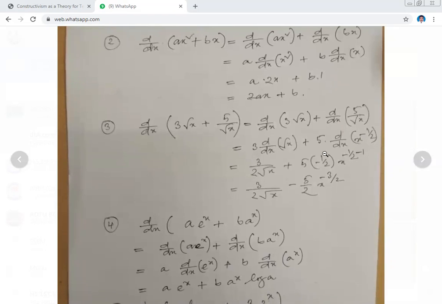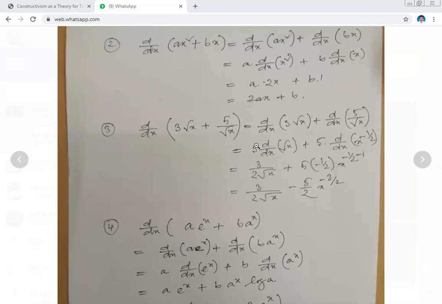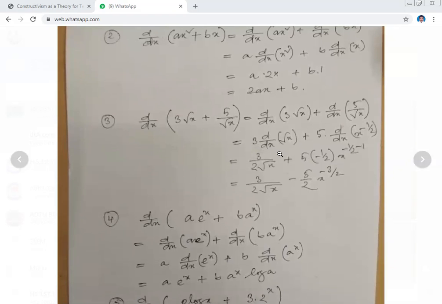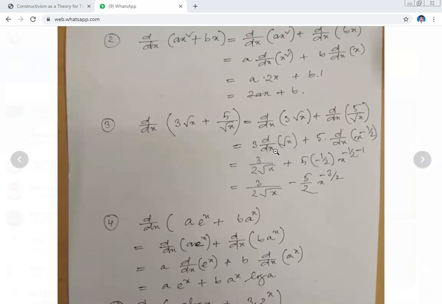Now the x to the power n formula we can use to differentiate. So 3 as it is, d/dx of root x, as I showed you in the last class, using the x to the power n formula, we get 1 by 2 root x.